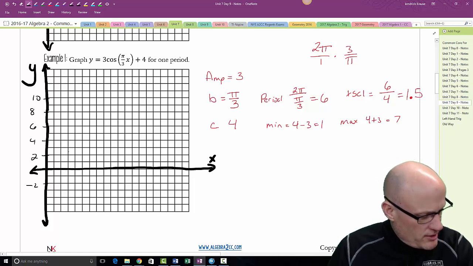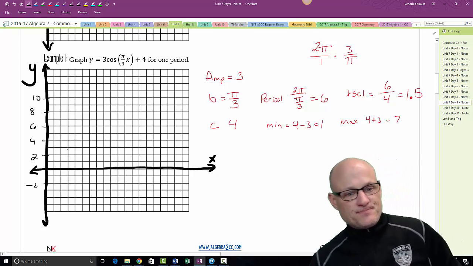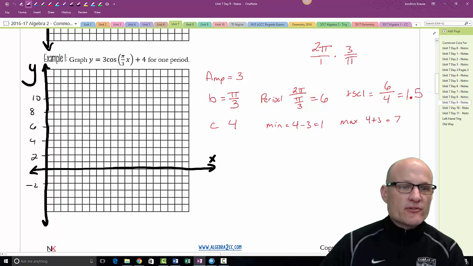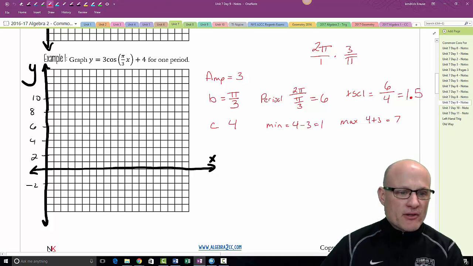So every 1.5, I don't like these things. So I'm going to do something a little crazy, a little funky. I'm going to say this is 1.5, this is 3, and I'm just going to count by 1.5s.